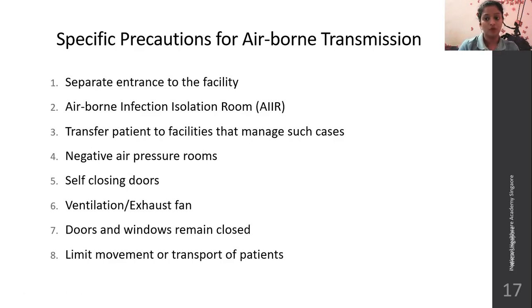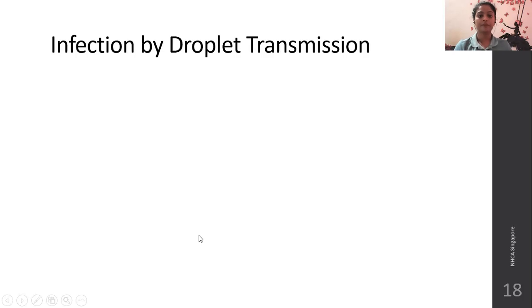If you do not have an airborne infection isolation room, negative pressure rooms should be there to admit such patients. Self-closing doors, so that if somebody forgets and leaves the door open it is not an issue; the door should close by its own, preventing cross-contamination. Ventilation and exhaust fans should be there. Doors and windows should always remain closed, and limit the movement and transport of patients within the hospital.